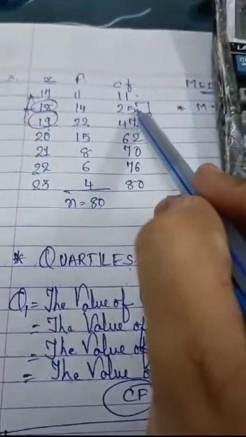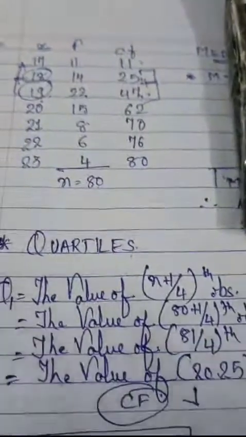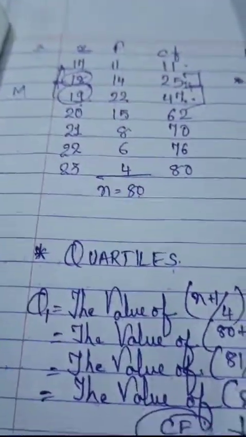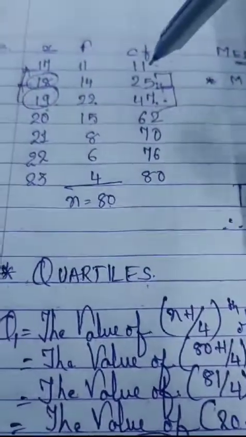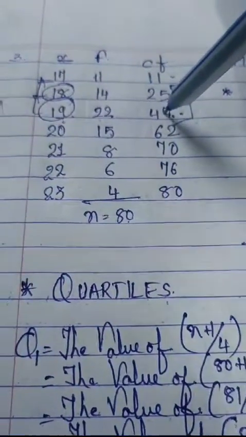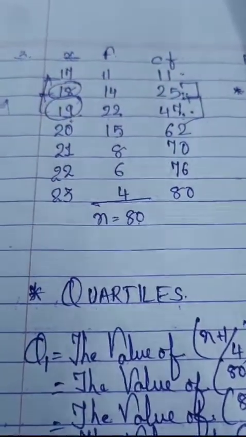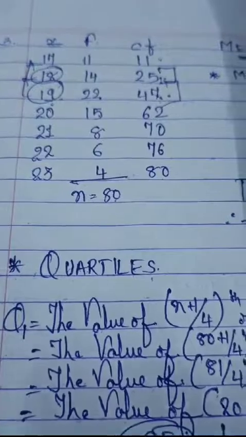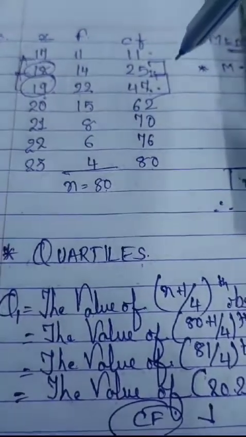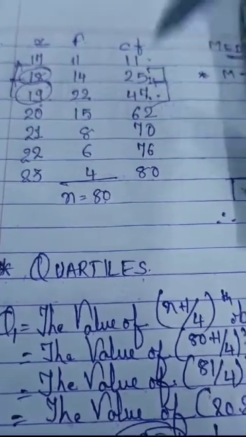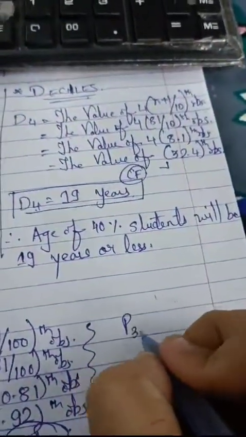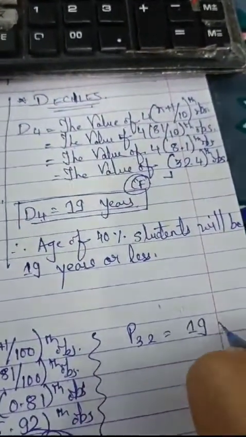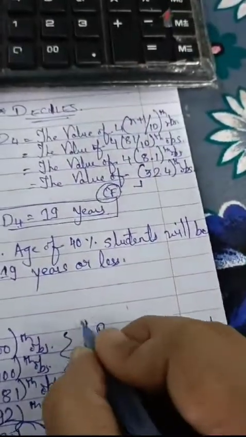So 25.92 lies in what? Not in this. Okay, if any value bigger than the point comes after the decimal, then the value doesn't lie in 25, it will be lying in 47. If 25.1, 2, 3, 4, whatever, but it is more than 25, the value will not exist in 25, the value will exist in 47. So the answer of P32 is what? 19 years.